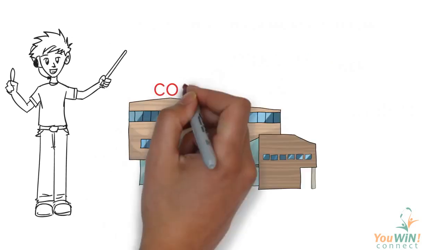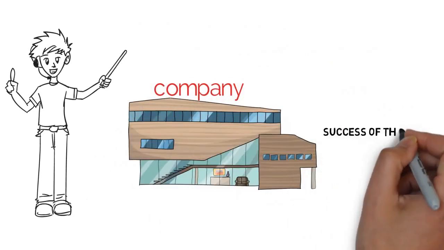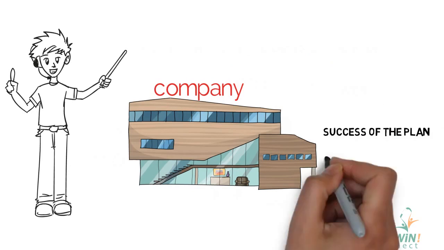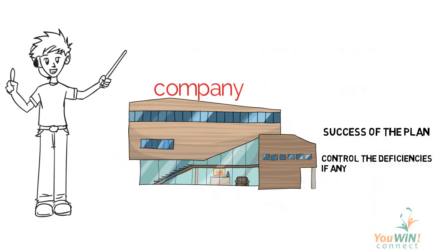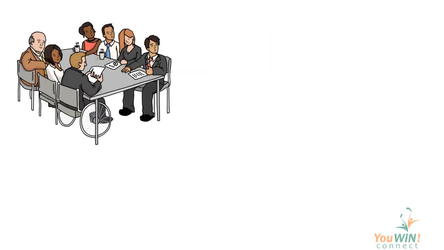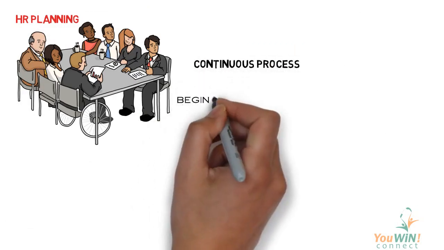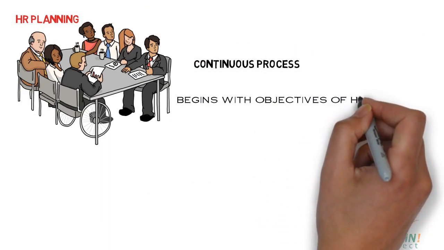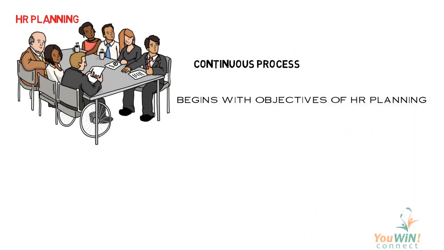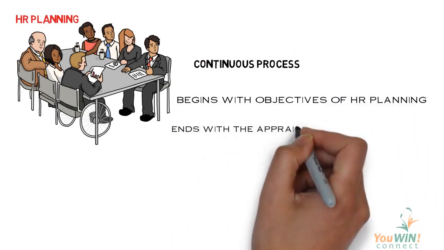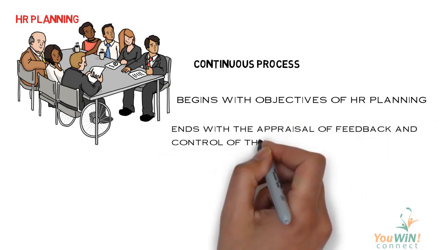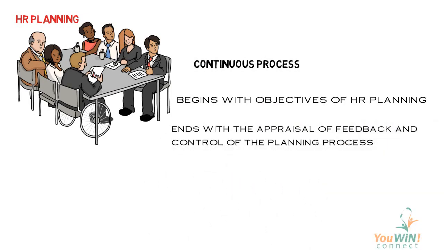At this stage, the company has to decide the success of the plan and control the deficiencies, if any. HR planning is a continuous process that begins with the objectives of the human resource planning, and it ends with the appraisal of feedback and control of the planning process.